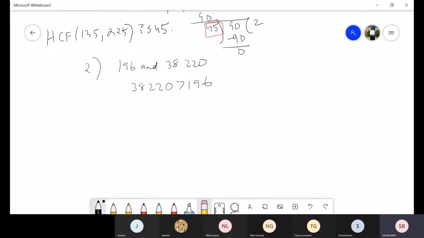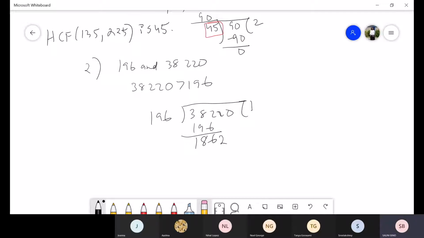So here we can see one thing. 38,220, when you divide by 196, how many times will it go? 1. So 196, subtract, bring down 2.